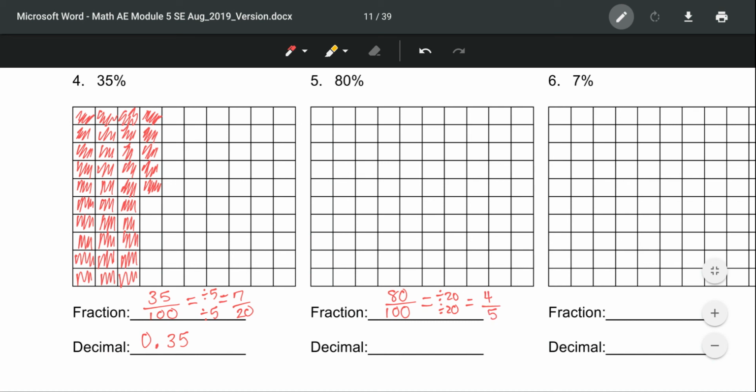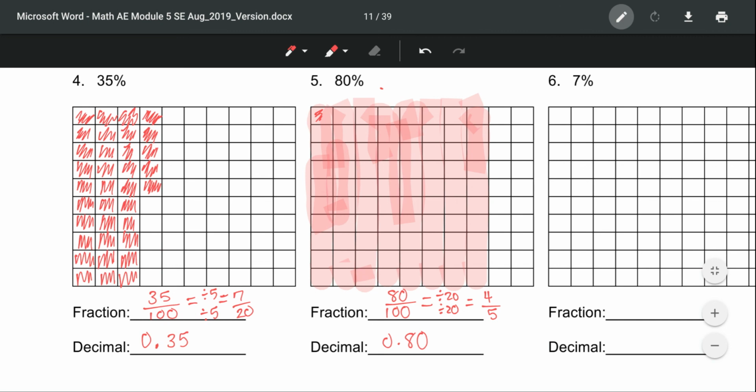Okay, so as a decimal, 80 hundredths would be 0.80. So go ahead and shade in 80 out of the 100 squares to show 80%. So you should have 80 units shaded in, or 8 columns of 10 shaded in.